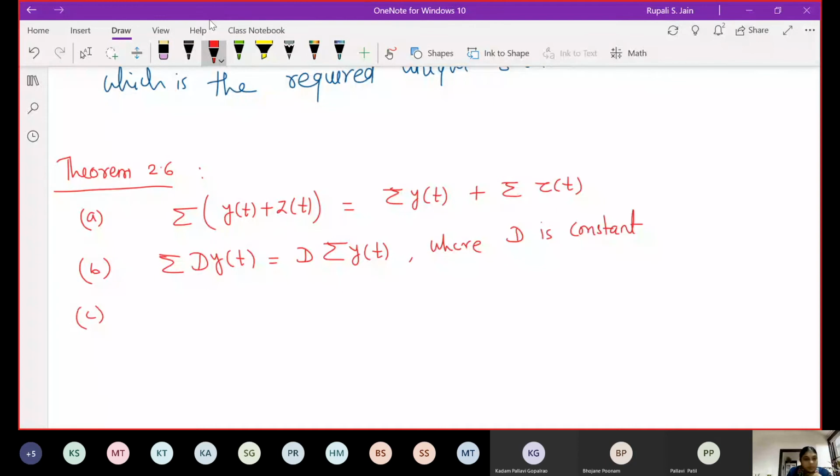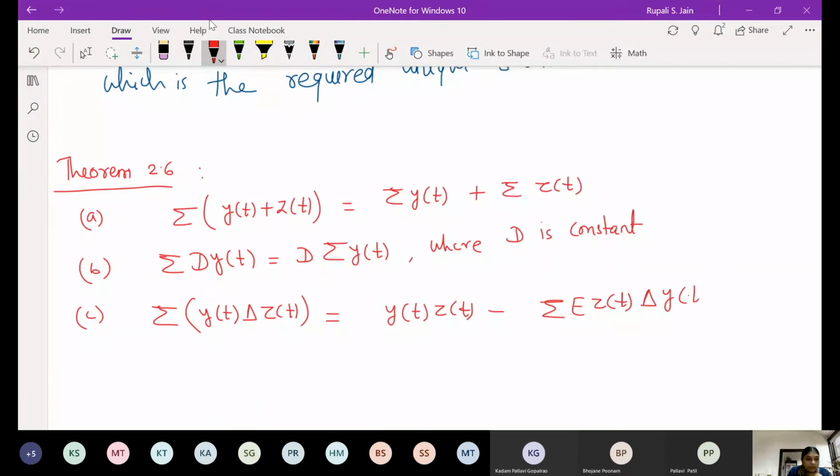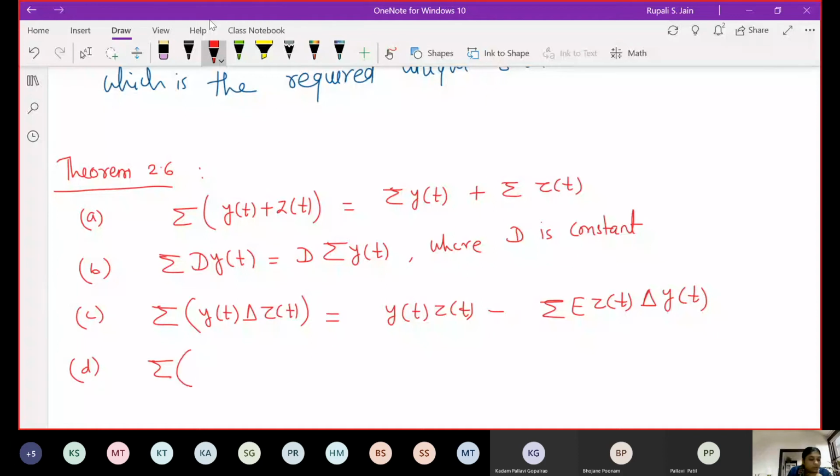And summation of yt delta zt is nothing but yt zt minus summation of E zt delta yt.